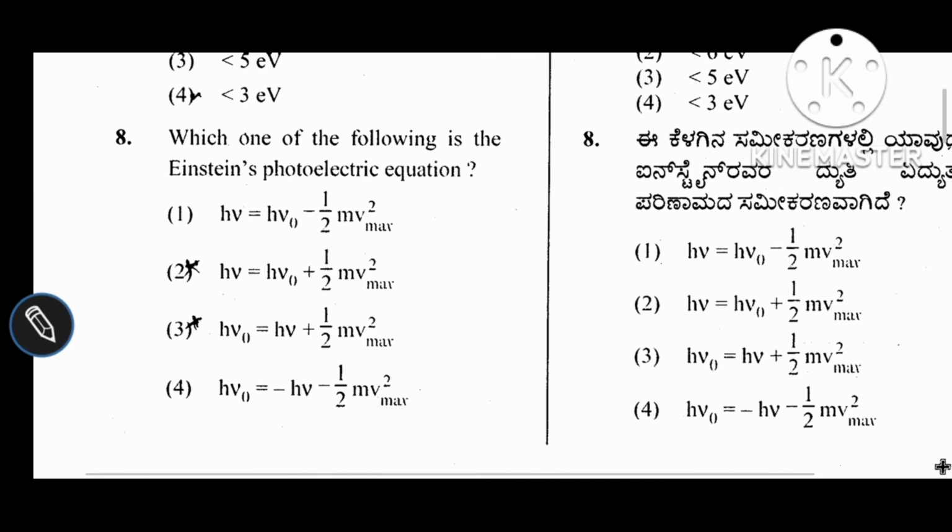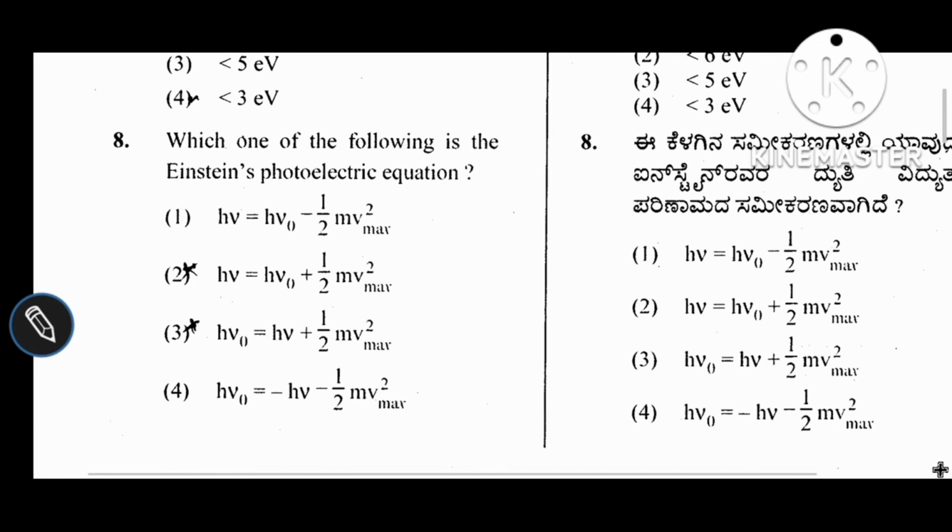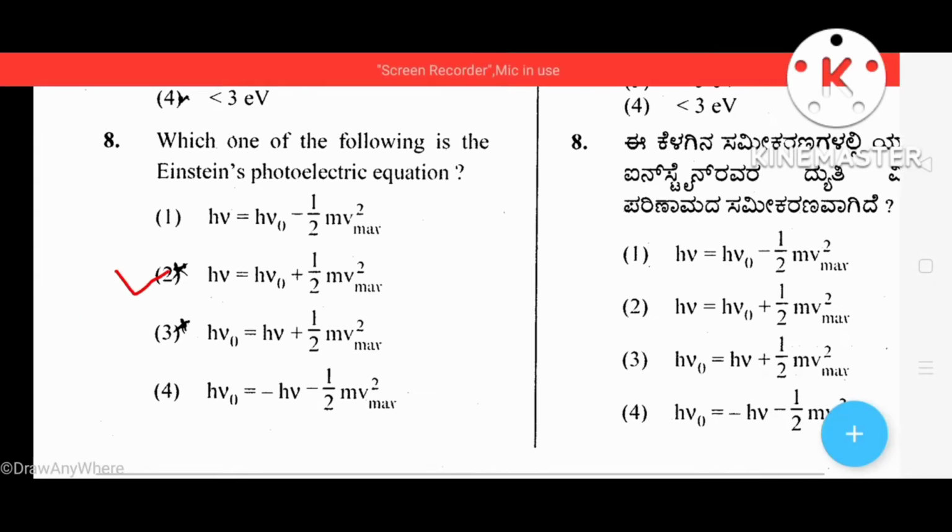Eighth question, which one of the following is Einstein's photoelectric equation? So out of all the 4 options, the correct one is h nu is equal to h nu naught plus half m v square maximum. That is the second one. The second option is the correct one. All these 8 questions are taken from the PUC second year chapters.